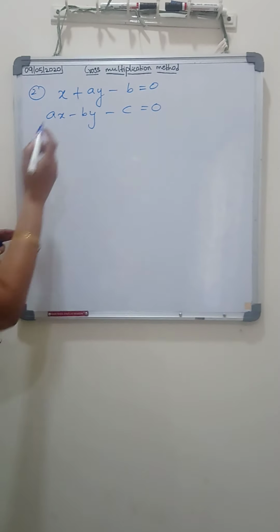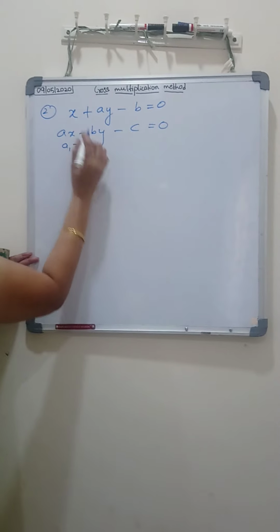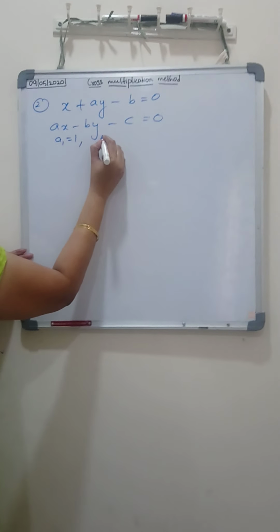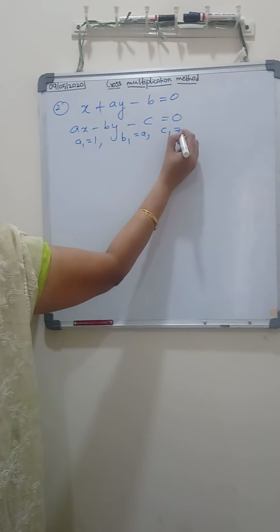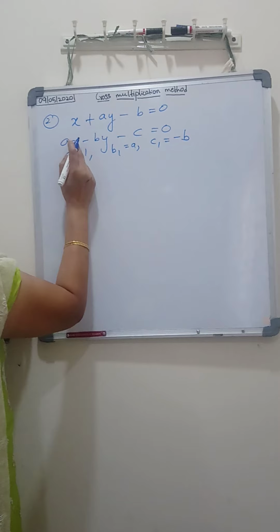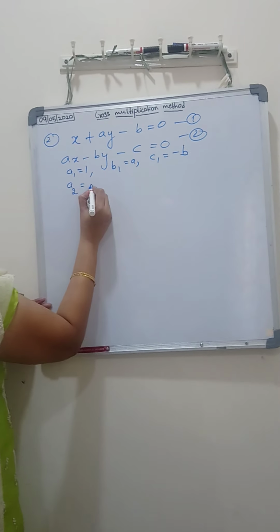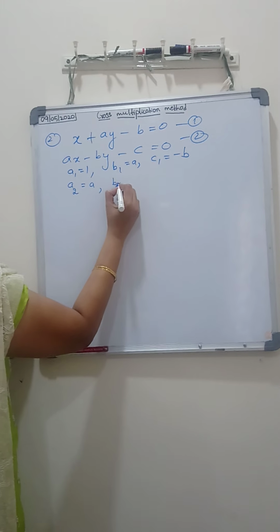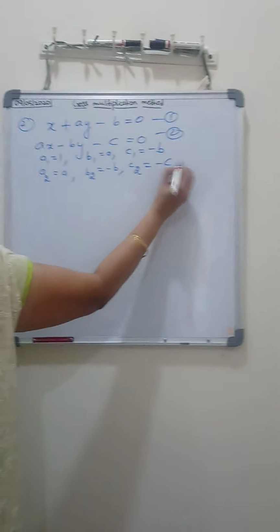The coefficients we will write: a1 is 1, the coefficient of x. Next b1 is a, c1 is minus b. Next, a2 is the coefficient of x in the second equation, a. Okay, b2 is minus b, c2 is minus c, children.